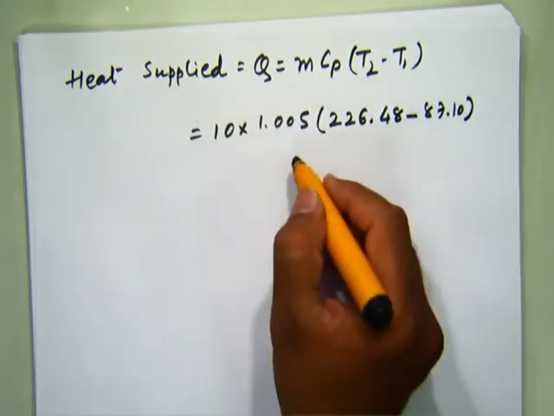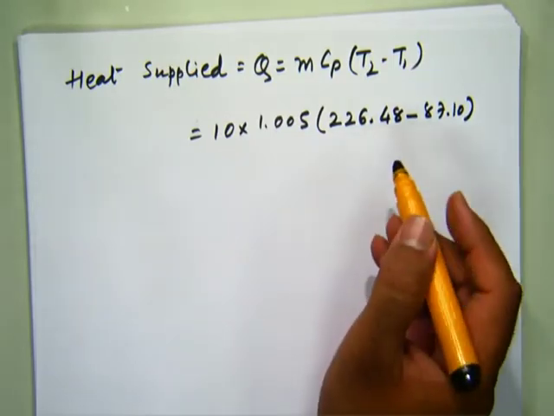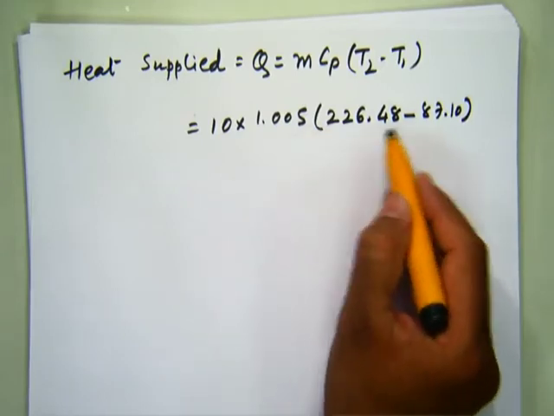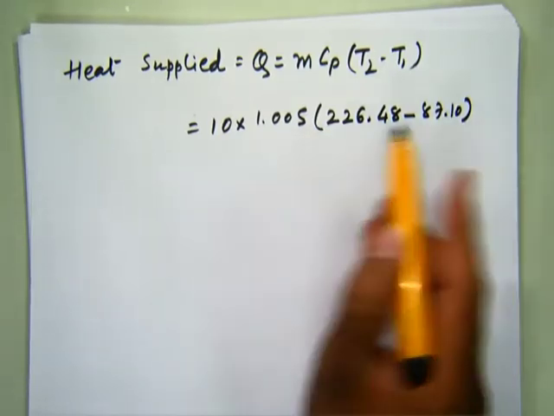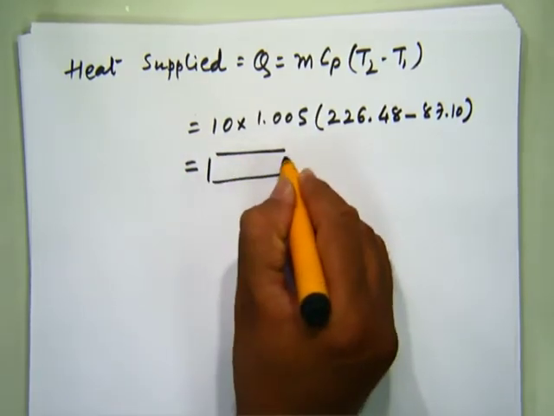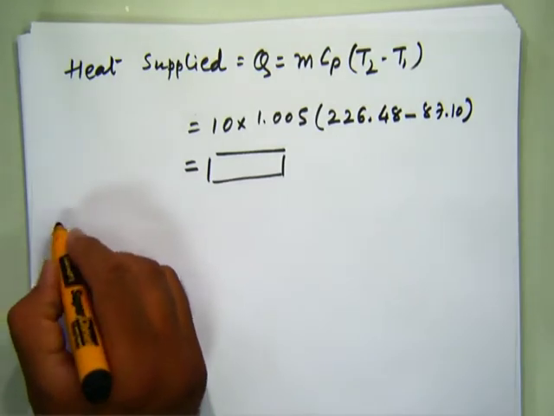You do this calculation, 10 into 1.005 into (226.48 minus 87.10), on your own and find the answer. I am leaving it up to you.